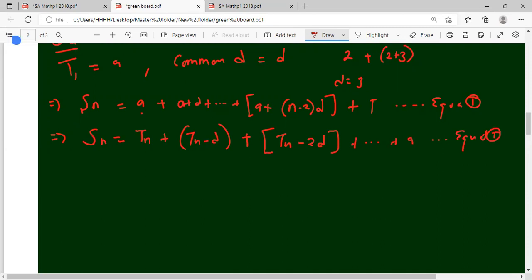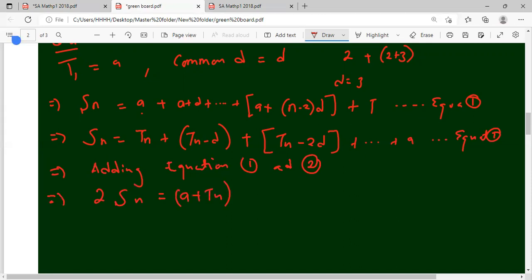Now, this implies that if we add equation 1 and 2, what are we going to get? When we add this side, Sn and Sn, it will give us 2 Sn. This will be equal to, when you add A to Tn, you have got A plus Tn. We'll continue adding now.